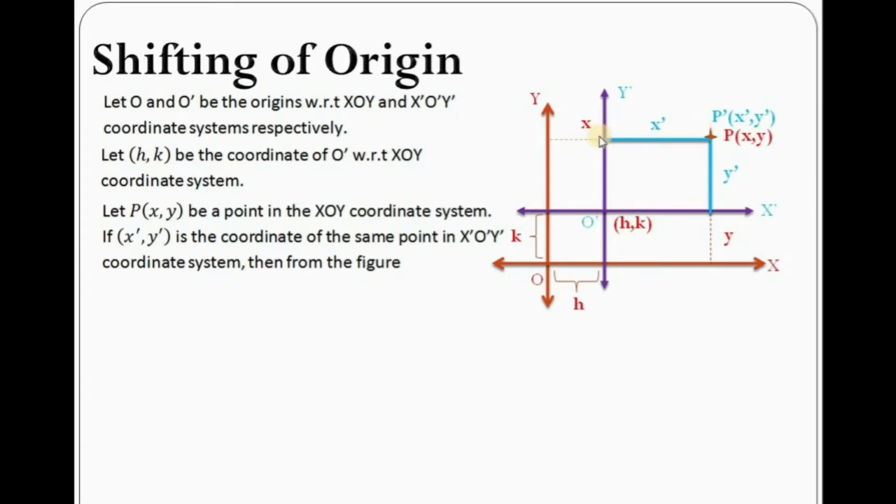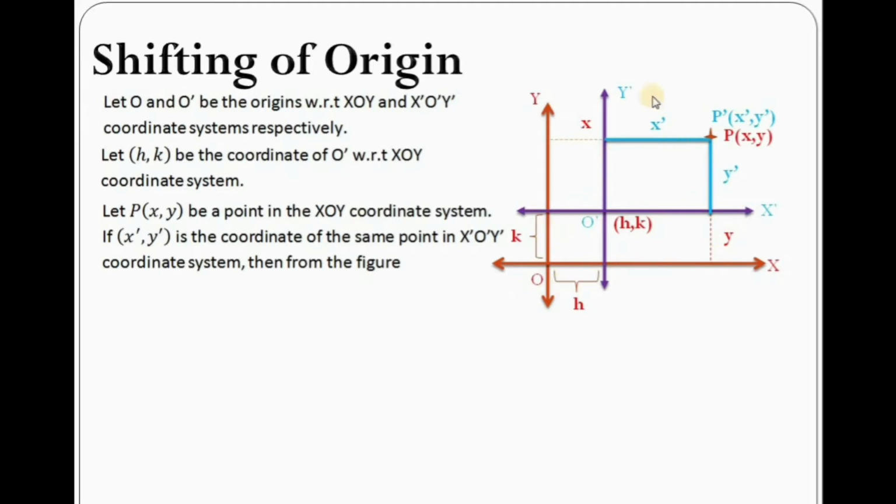Yes. So the value for x will be x dash plus h. Now similarly we know that this is k, so this also has to be k, isn't it? And we know that this is y dash and from here to here it is y. So can I say that y is equal to y dash plus k? Yes.